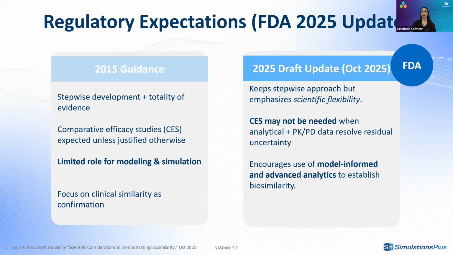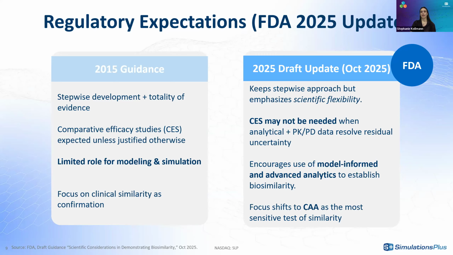The guidance also encourages model-informed approaches and advanced analytics to demonstrate biosimilarity. And importantly, the focus shifts toward a comparative analytical assessment, here called CAA. They now described as the most sensitive test of similarity between a biosimilar and its reference.